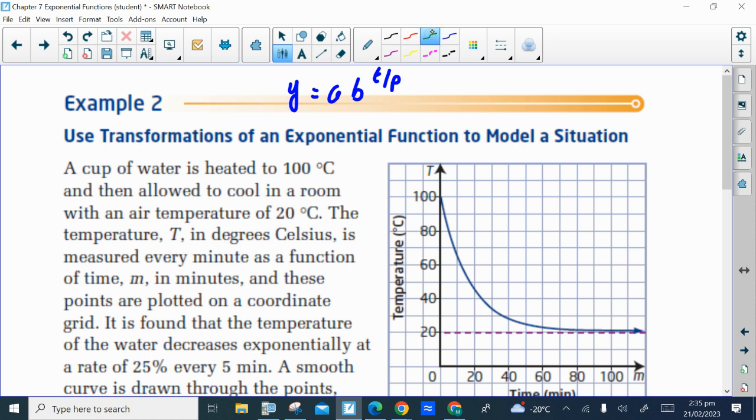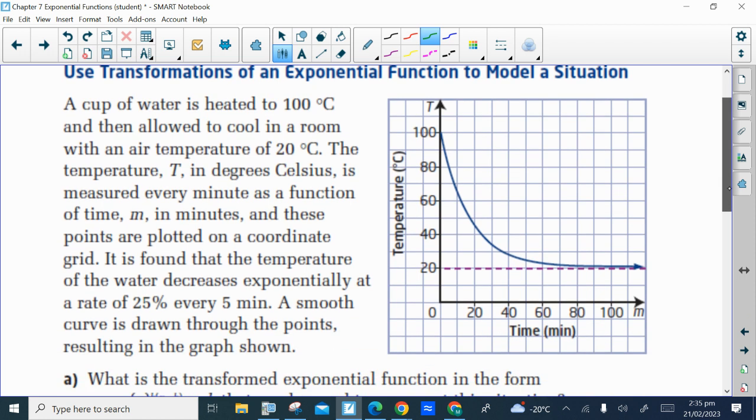So let's write this out. b will be the growth factor. t will be the time. And p is the growth period, how long it takes for the growth or decay to happen. And in this case here, because we're using the 0.75, and that comes from the fact that the temperature decreases exponentially at a rate of 25% every 5 minutes, that's what p will be.